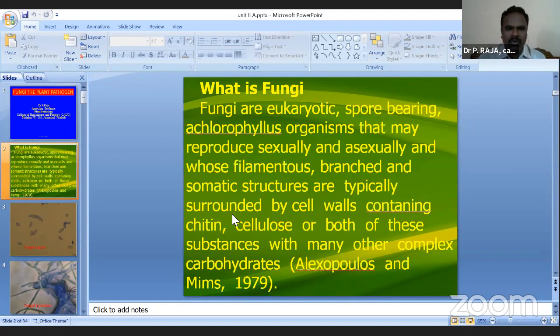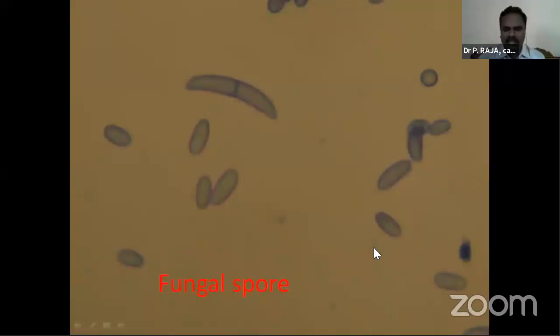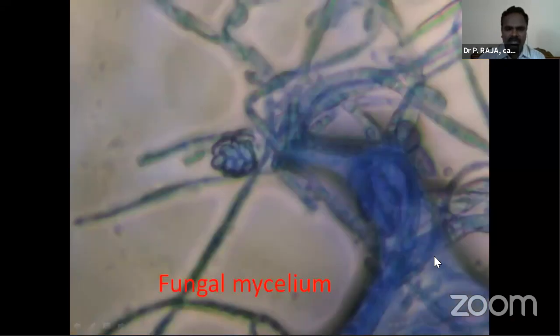You can see here the spore-bearing. It is a macrospore of Fusarium. And here, this is a body of fungi. You can see the hyphae and the mycelium. And this is a yeast spore of fungi.